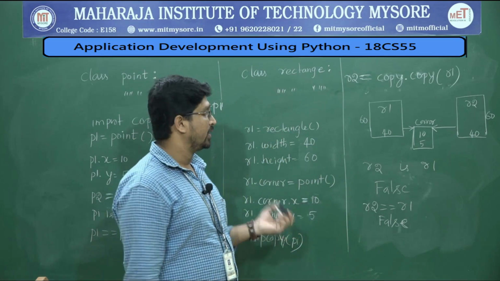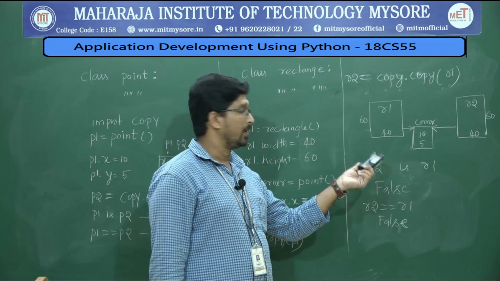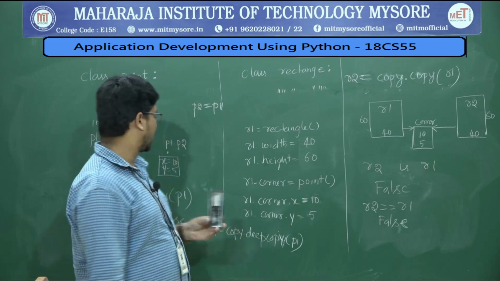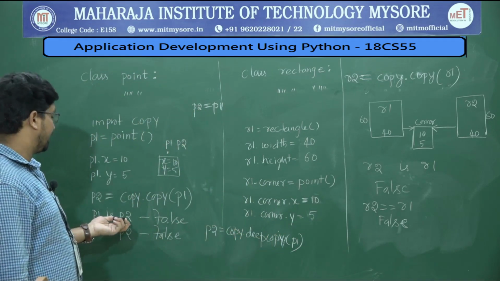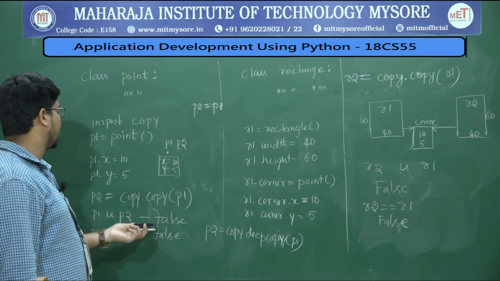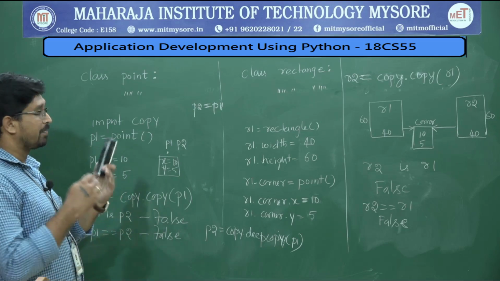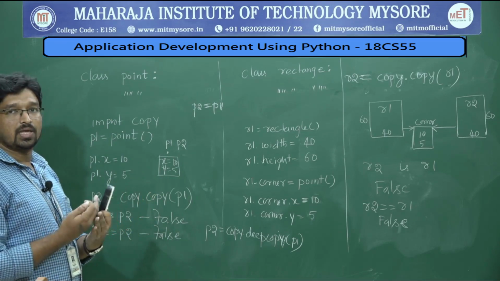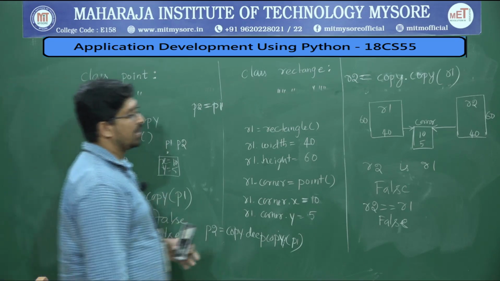You have two separate copies of information in two different locations. In the same way we discussed P1 is P2 in the form of a copy: it is false, meaning they are two separate copies, not pointing to the same location.